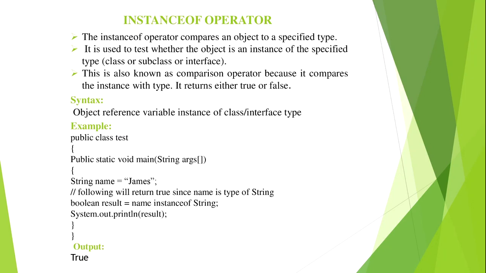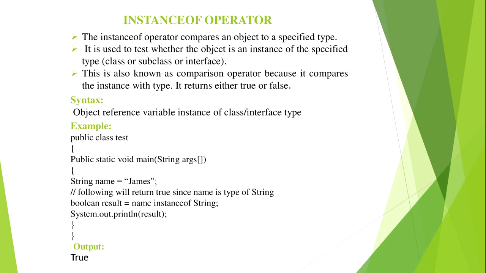The following will return true since name is of type String. Here, see, what is String? String is the name of a class. And what is name? Here, name is a reference variable, which means it is an object. String is a class, name is an object, and I have given the value James to the object name. Now you test it with the instanceof operator.